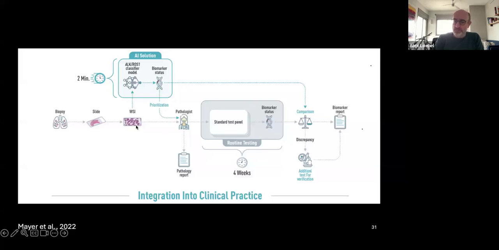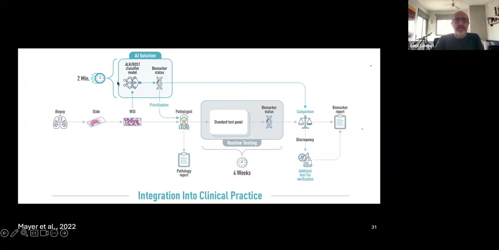What we do in Sheba, we take the whole slide image of the patient. We send it to the company, to the startup company. There's a secure cloud where the model exists. So there is no problem of leakage of information of the patients to outside people.